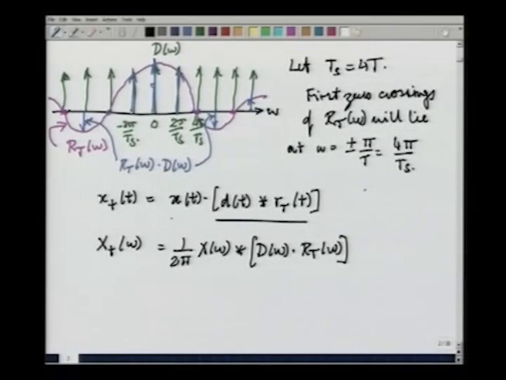Thus, for example, let us say we plot x omega over here against omega, and we get a function that looks like this. Let us say x omega was like this. So, this is minus b and this is b.